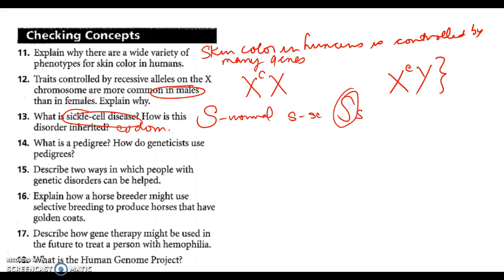All right, what is a pedigree and how do geneticists use them? Well, a pedigree, we said, is the chart that tracks which members of a family have a particular trait. Geneticists use pedigrees to trace the inheritance of traits.